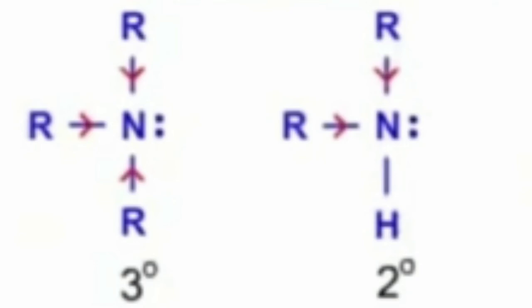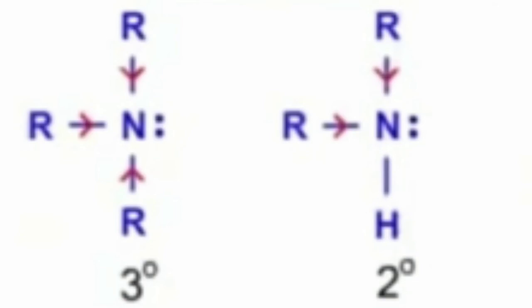Already in the nitrogen atom a lone pair of electrons is present. Then these two bonded pairs of electrons are pushed towards the nitrogen atom through these alkyl groups. Then the electron density is more on the nitrogen atom compared to that of a primary amine. So this nitrogen atom, to avoid repulsion, easily releases that lone pair of electrons.